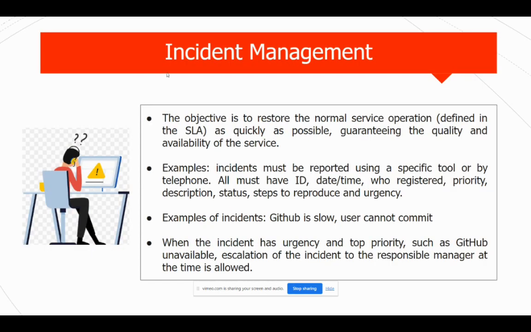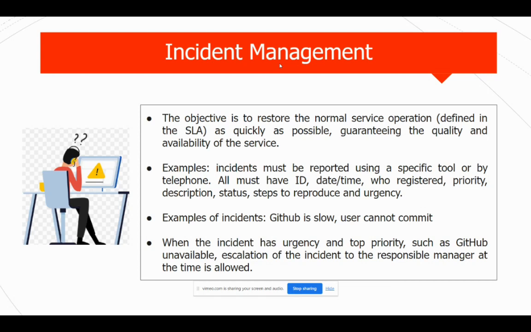The next practice is incident management. The objective is to restore the normal service operation as quickly as possible. All the incidents must be reported using a specific tool or by telephone, and they have to follow some rules, like they have to have dates, who registered it, the priority, and a description.